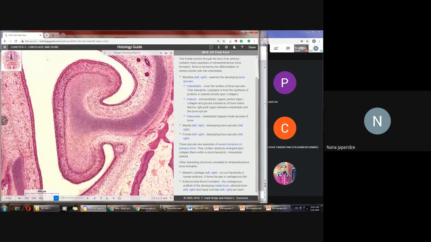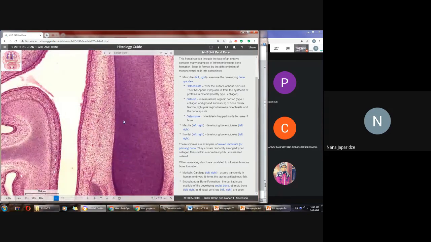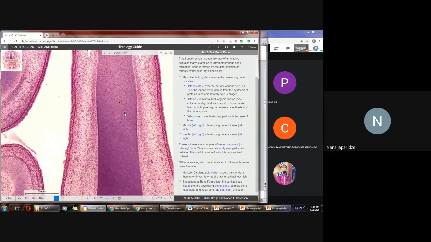So they all look like this: these cartilages are initially formed and they give rise to the initial model of the bone, and later this cartilage undergoes ossification. Initially, the bone model from cartilage is formed and then it undergoes ossification.